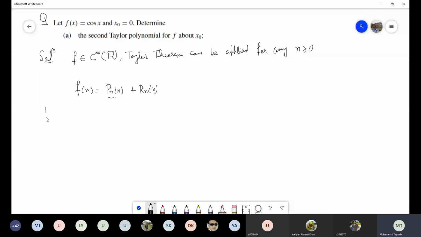Let me first write Pn of x, which is f of x naught.